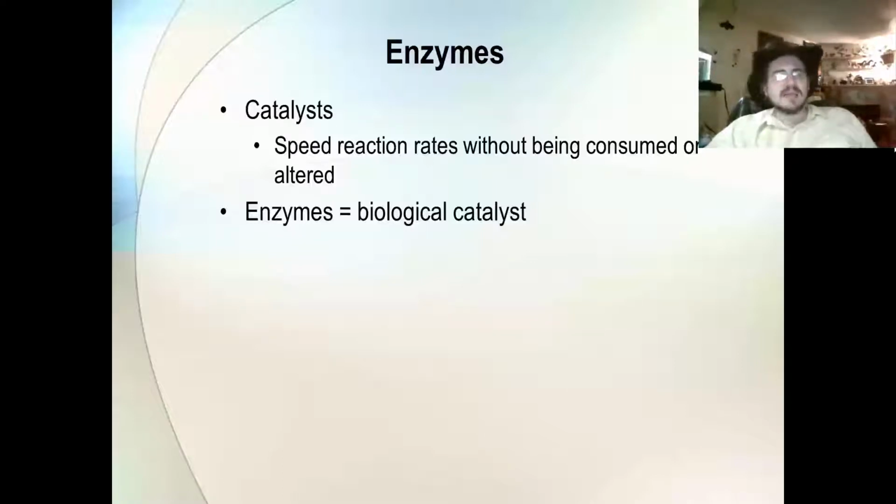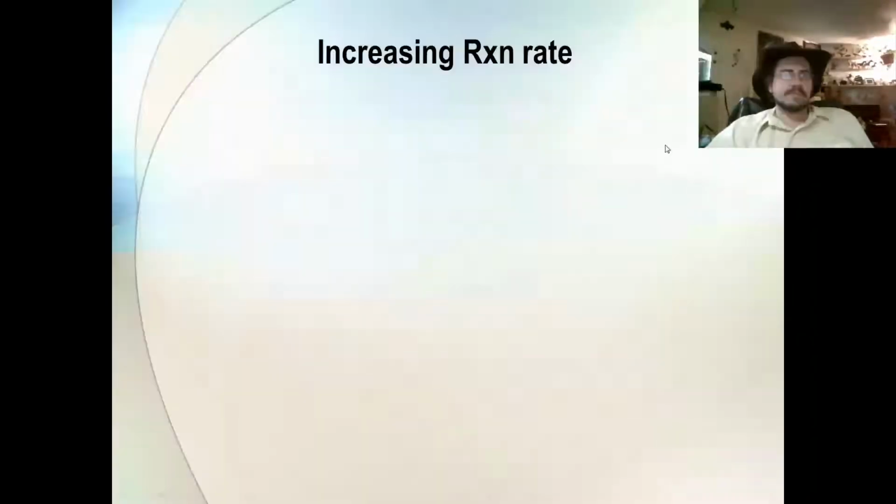A catalyst can really be almost anything. Lithium can be a catalyst. So that is an inorganic molecule. So we sometimes refer to biological molecules that serve a purpose with a special name. In this case, the biological catalyst is an enzyme.